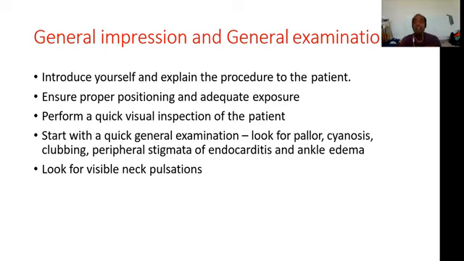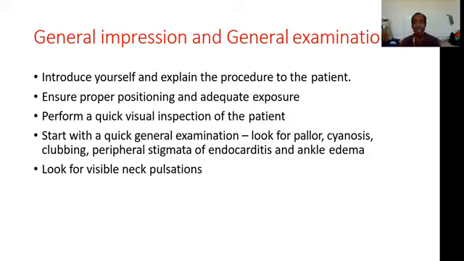There are certain physical signs that will be obvious just by looking at the patient, so this scan is very important. Also look around the patient, not only at the patient, because there may be clues in the surroundings as well.